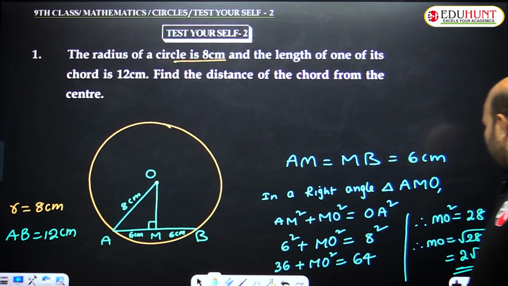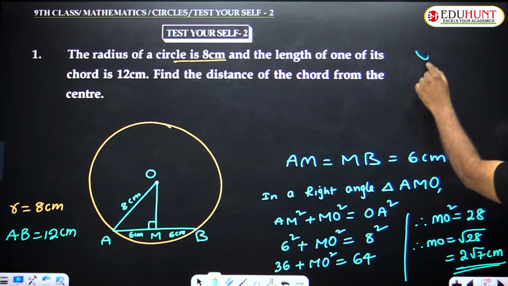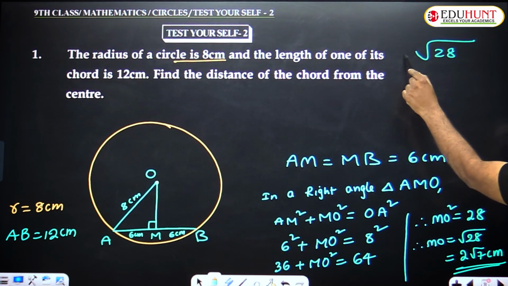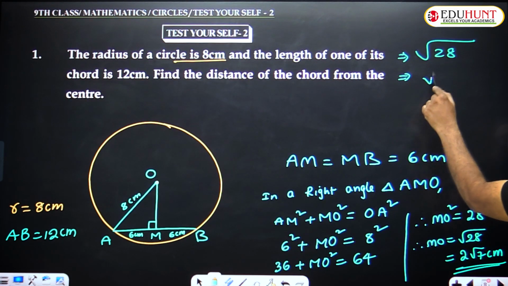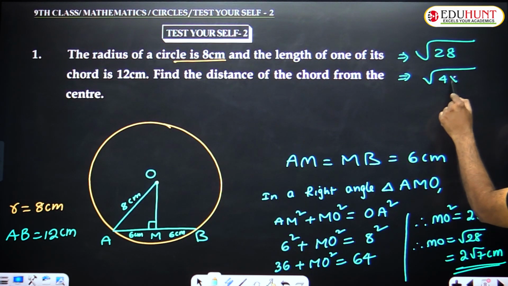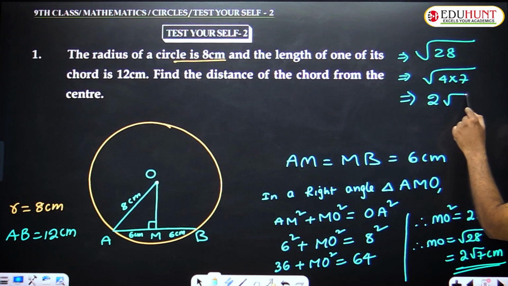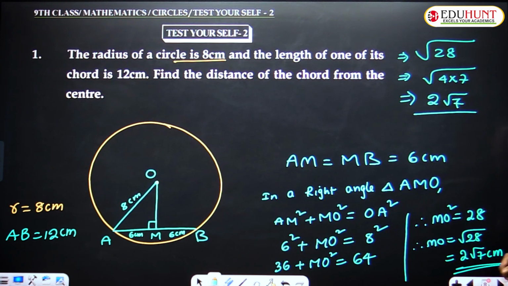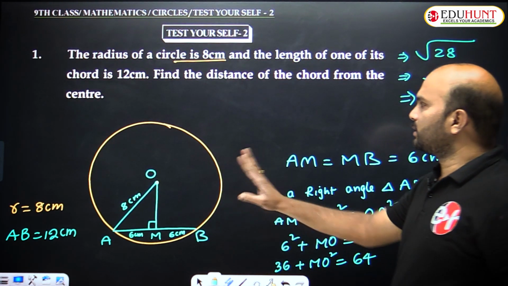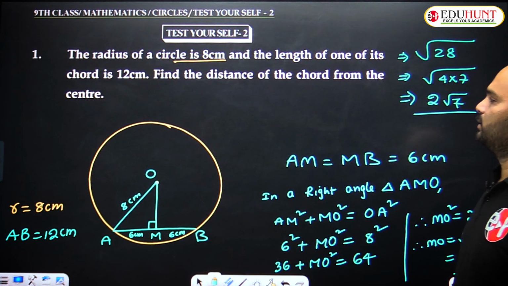The answer is 2 root 7, because root 28 can be written as root of 4 into 7. The square root of 4 is 2, into root 7. So this is the required answer. 2 root 7 is the distance from center to chord.